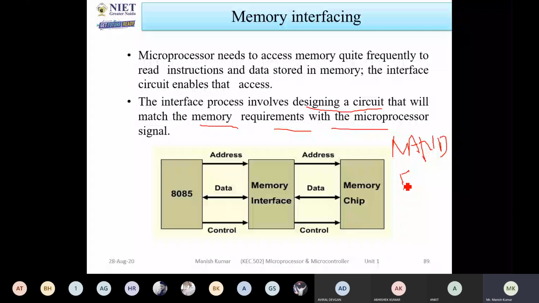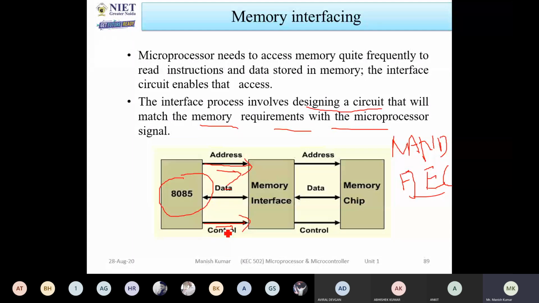Let us consider this is the processor 8085, address bus is there, data bus is there, and control lines are there. See that the address bus is always unidirectional, so it is given by one arrow. The control bus is also unidirectional. So these two signals, address bus and control signals, are controlled by the 8085 processor.